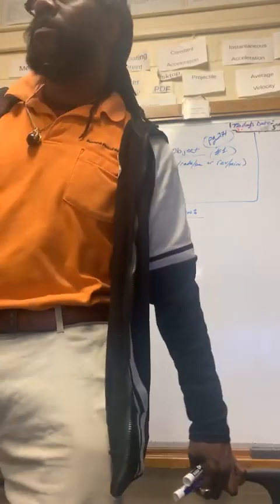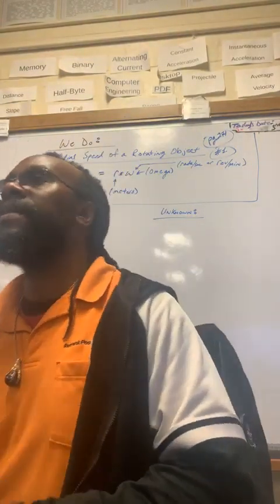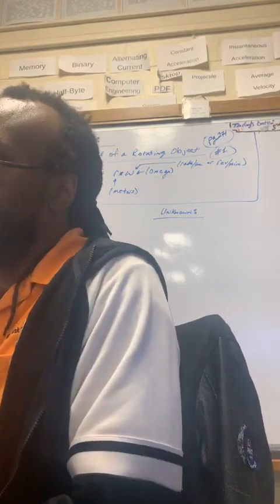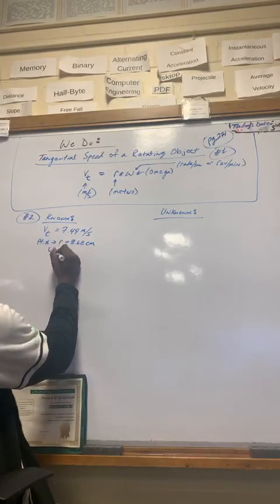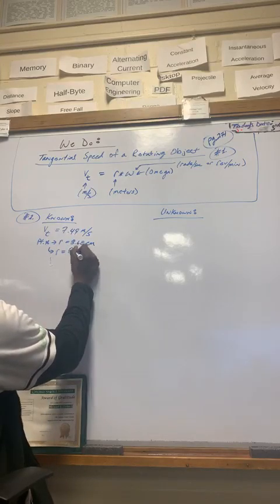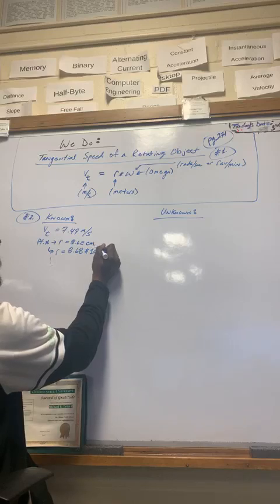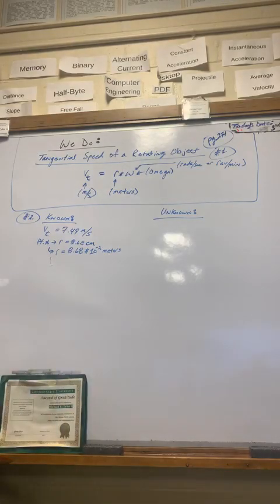If you're not real sharp on centimeters, meters, kilometers, and so on, don't worry about it. I'll just tell you what it is in this case so we can convert it easily. Centi means 10 to the negative 2. So we're just going to change it to a meter by doing this conversion. Radius is equal to 0.68 times 10 to the negative 2 meters. That takes care of that one, because remember, we cannot use centimeters. We have to use only meters.